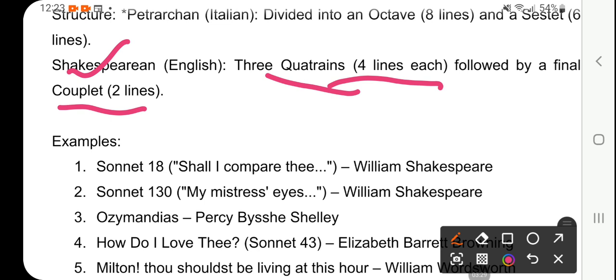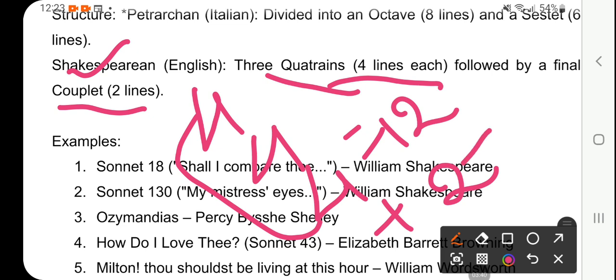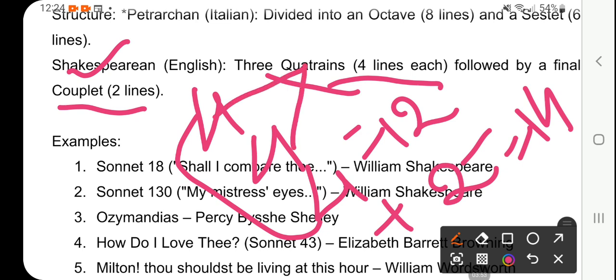Because he followed 4 lines, 4, then 4, then 2. So these are the 12 lines, and this couplet plus 12 is equal to 14, right? The last couplet means 2 lines, and the 4 and 4 lines are called quatrains. So this style is called Shakespearean sonnet.